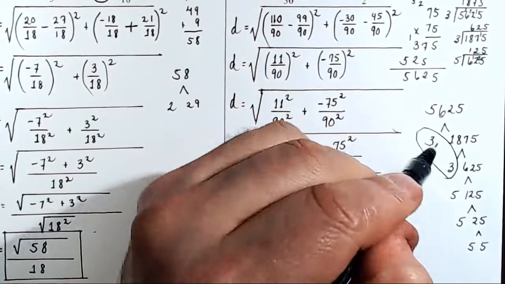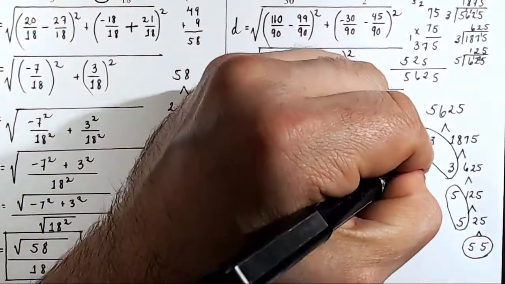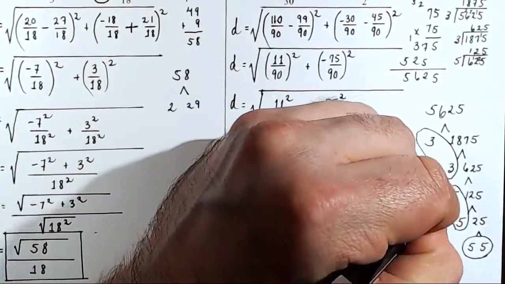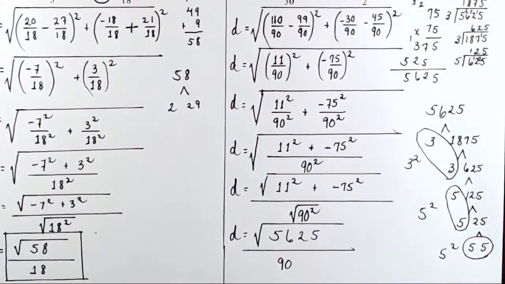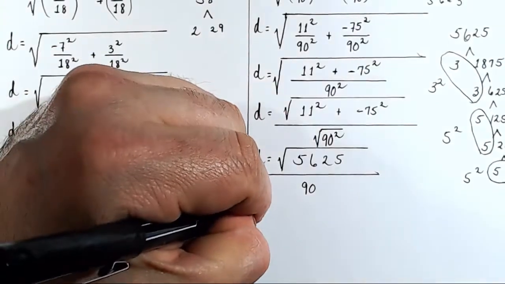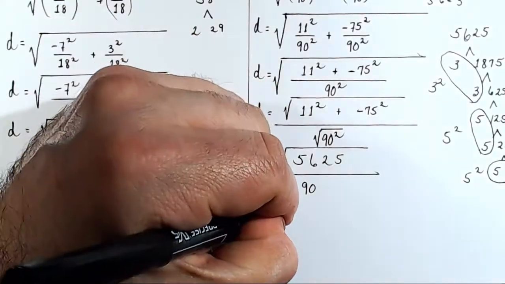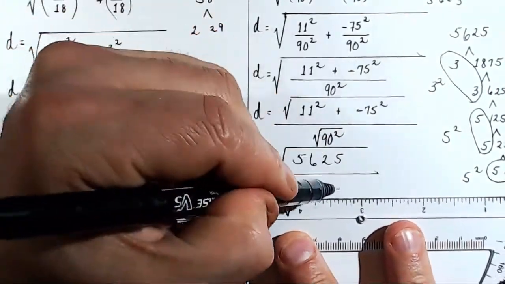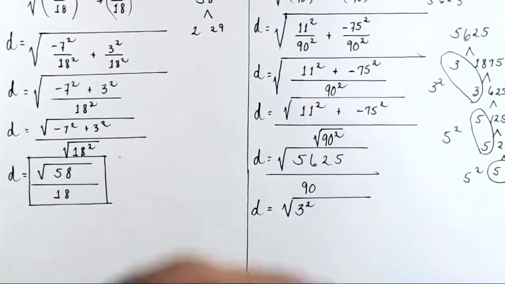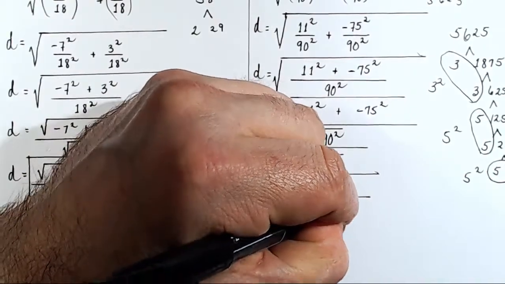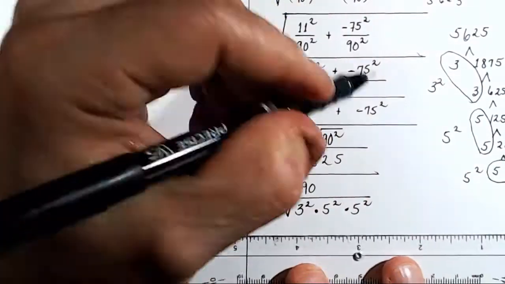Here's a pair, here's a pair, and here's a pair. All right, so this is really 3 squared, 5 squared, and 5 squared. So I'll rewrite 5,625 as the product of the squares of the factors. So instead of square root 5,625, I'll write square root of 3 squared times 5 squared times 5 squared, all over 90.